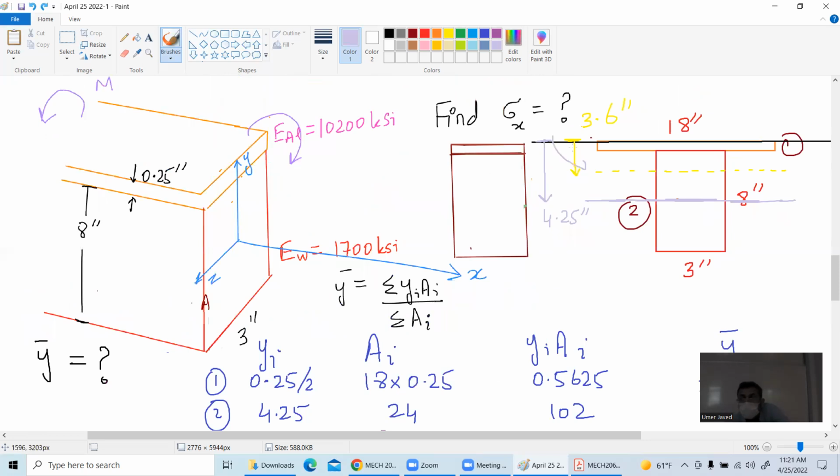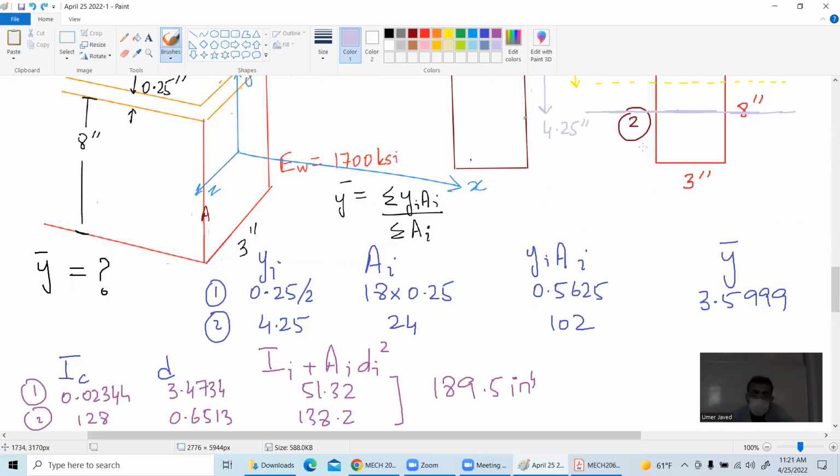I apologize. So if this is 0.125 from the top, then from the centroidal line to the center, I will do 4.25 minus 0.125.